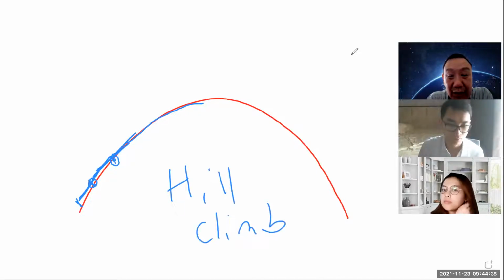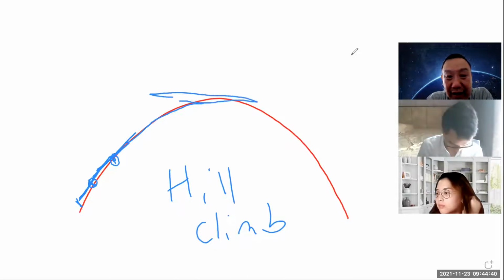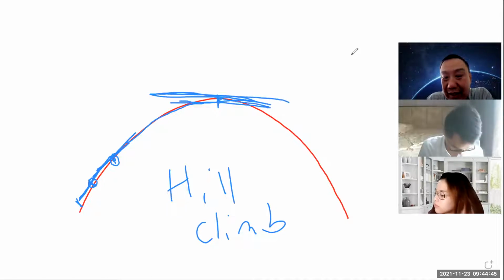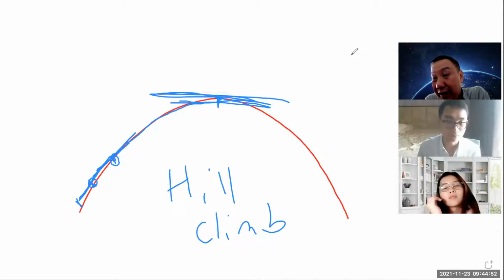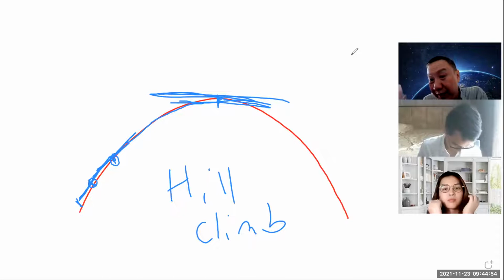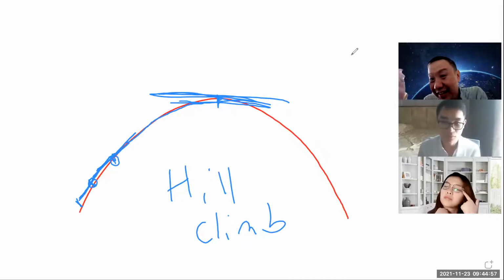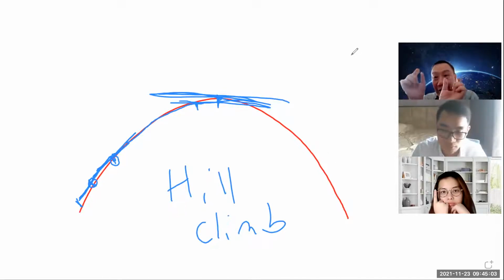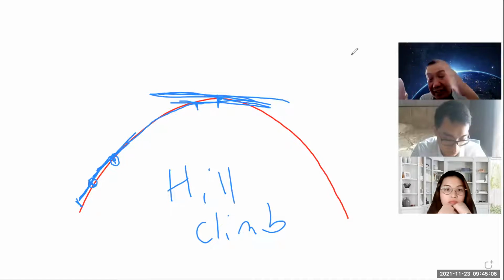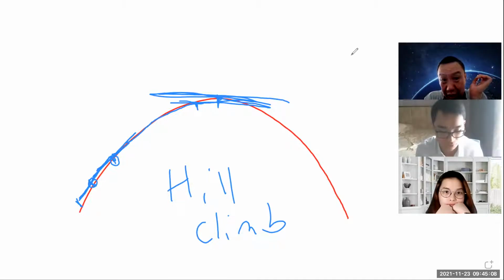Eventually you will find this place here, where the gradient is 0. You know from calculus that when the gradient is 0, that is the optimum, so it will stop. Usually, if your delta, the change, is very large, it will not reach that exact point.